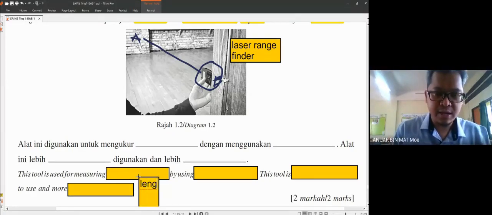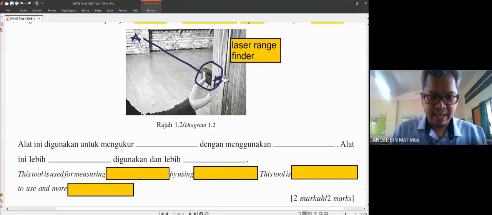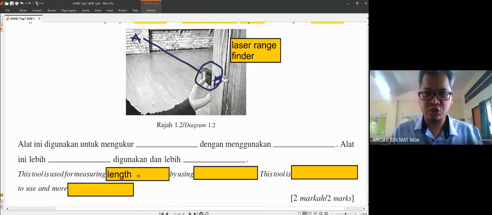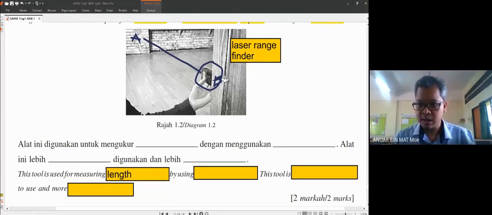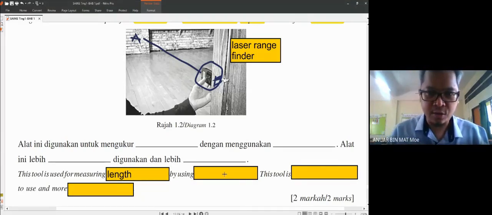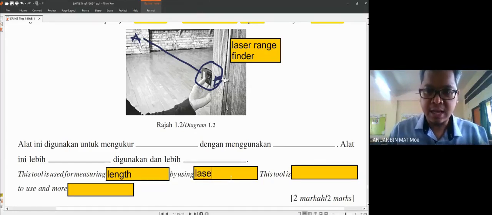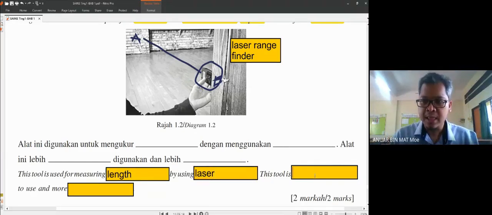Length, L-E-N-G-T-H. Okay, good. Next one, by using laser, Ying, Kaini, and Poyan. Okay, good. Then this tool is what? Easier, Kaini. Okay, good. Same answer. Easier, right?